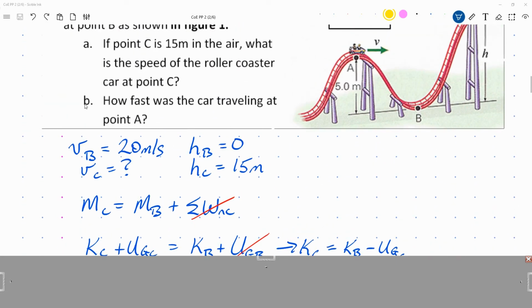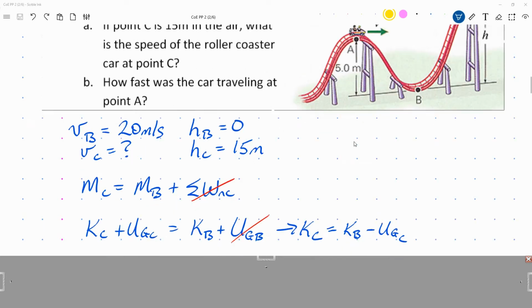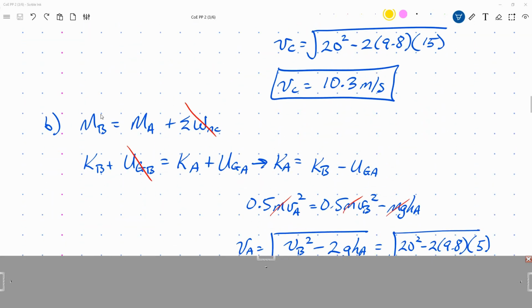And then question B is how fast was it traveling at point A? Now, of course, we were given information about point B, so we're working backwards to point A now. So to do that, I'm keeping track of the mechanical energy at a later point is equal to the mechanical energy at an earlier point plus the work that was done along the way. I want to emphasize the order here because if the work had not been 0, the order very much would have mattered.